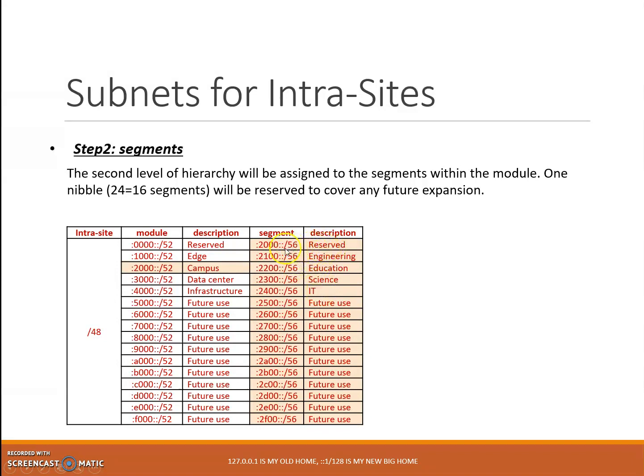Again, we reserve the first segment for any future use or special use, and we start from 1. So module number 2 and segment number 1 will be assigned to engineering, module 2 segment 2 for education, module 2 segment 3 for science, and module 2 segment 4 for the IT, and the rest of the segments will be for future use.